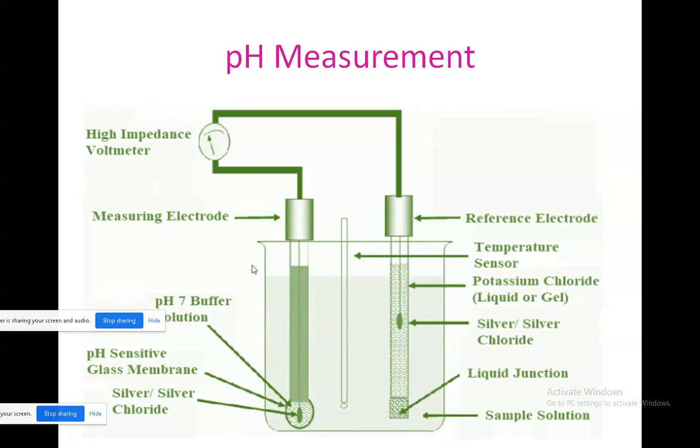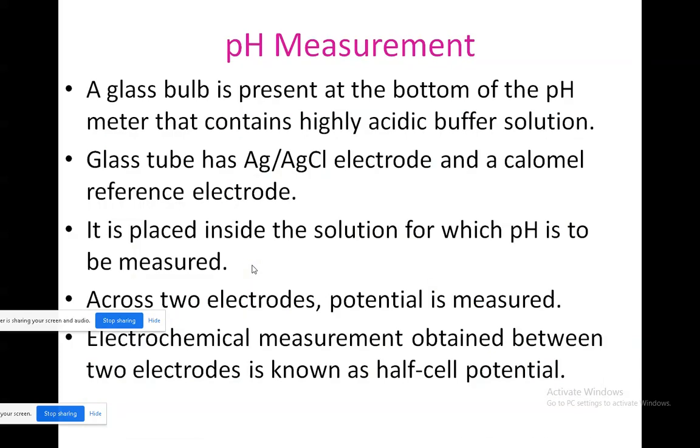So the explanation of this diagram is given here. A glass bulb is present at the bottom of the pH meter that contains a highly acidic buffer solution. So your active electrode contains the glass bulb, and at the bottom of the glass bulb you have the buffer solution.